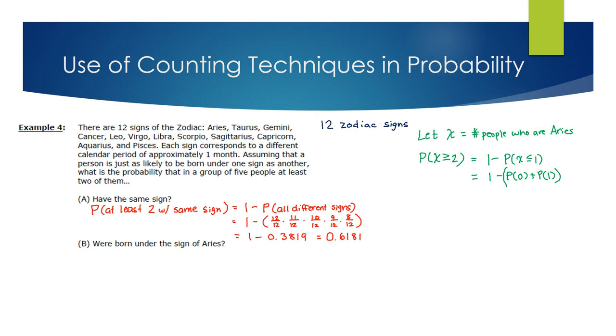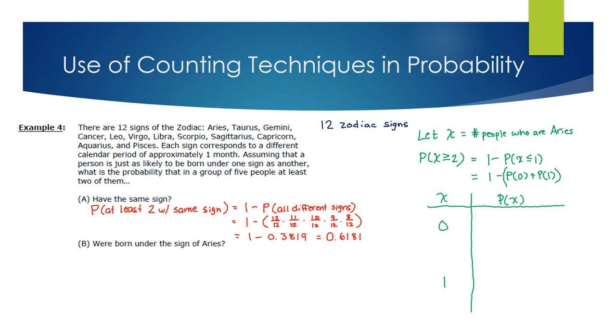I'm looking for at least 2 of them being born under the sign of Aries. That means I'd have to do the probability of 2, 3, 4, and 5. That'd be 4 probabilities if I did it that way. Whereas this way, I really only need to figure out 2 probabilities.